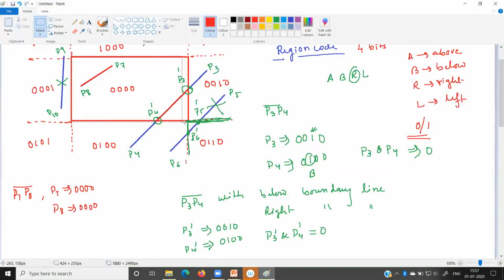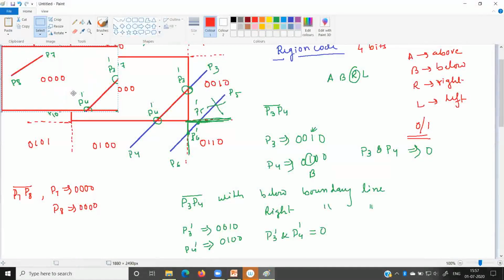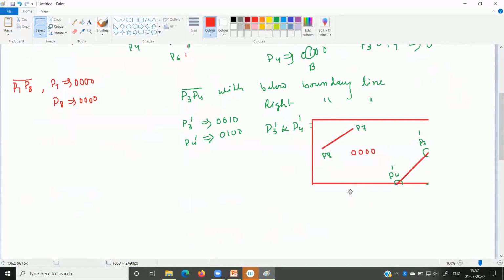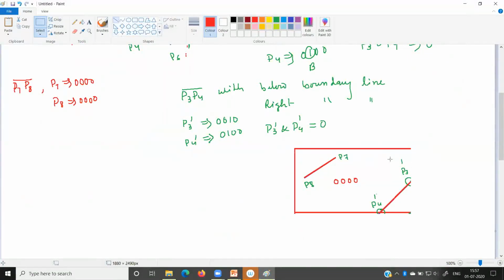If we observe the output of this algorithm, we can visualize that this will be our final output. So let me draw it over here. This will be our final output. After performing the clipping operation, we will get this one.